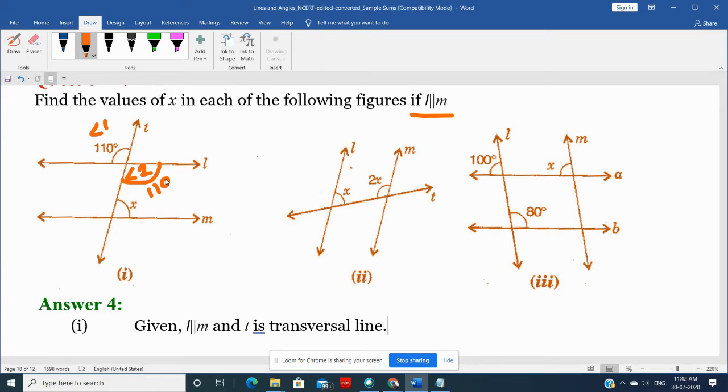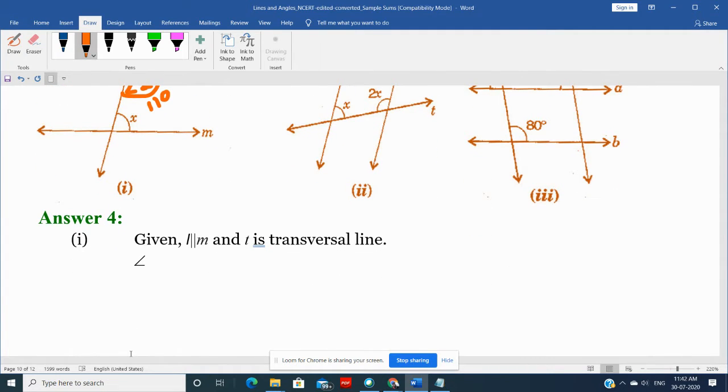So let's write it down. Here you can say that angle 1 is equal to angle 2.